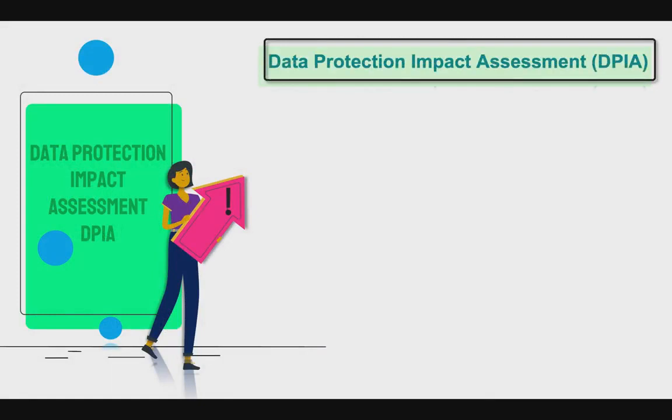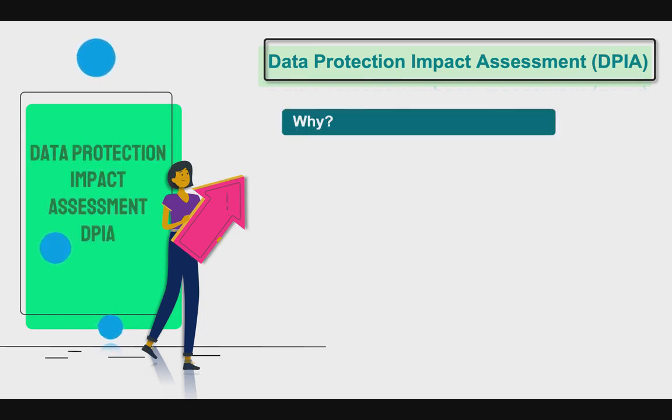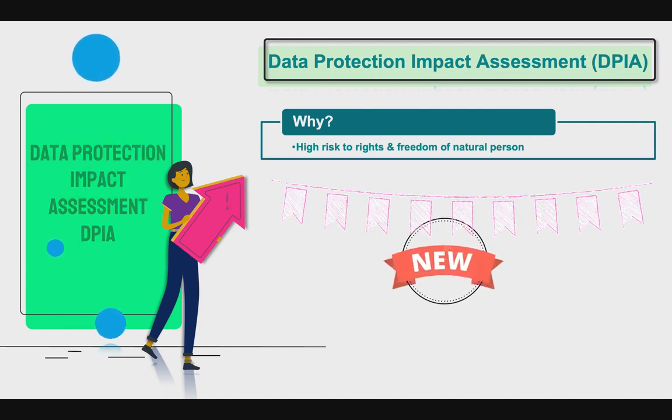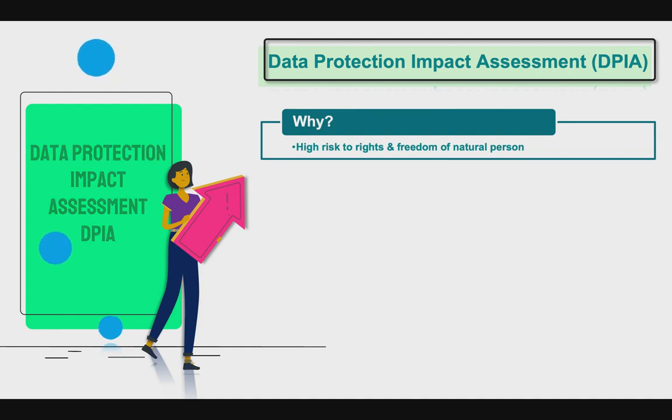What exactly is the purpose of a Data Protection Impact Assessment, or DPIA? Why should you carry out a DPIA? A DPIA can be used to investigate, recognize, and mitigate potential risks to data before launching a new business or a project, wherever a type of processing, in particular using new technologies, is carried out.